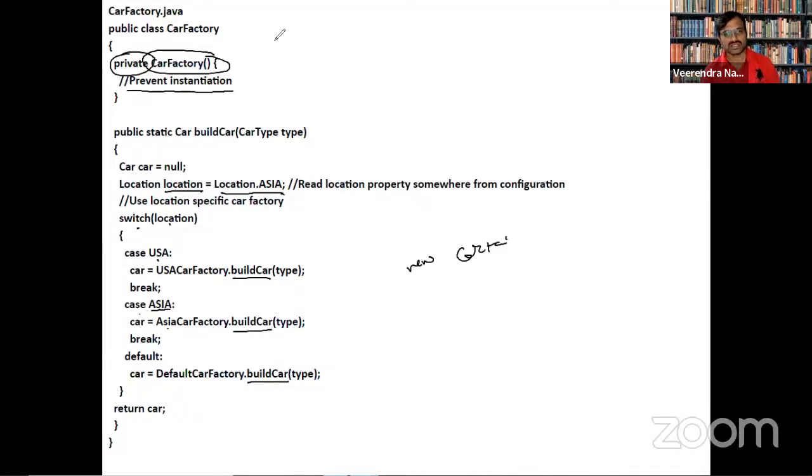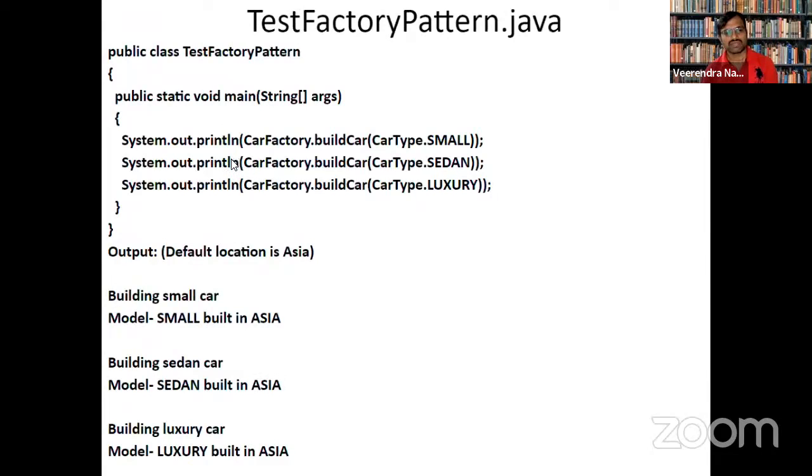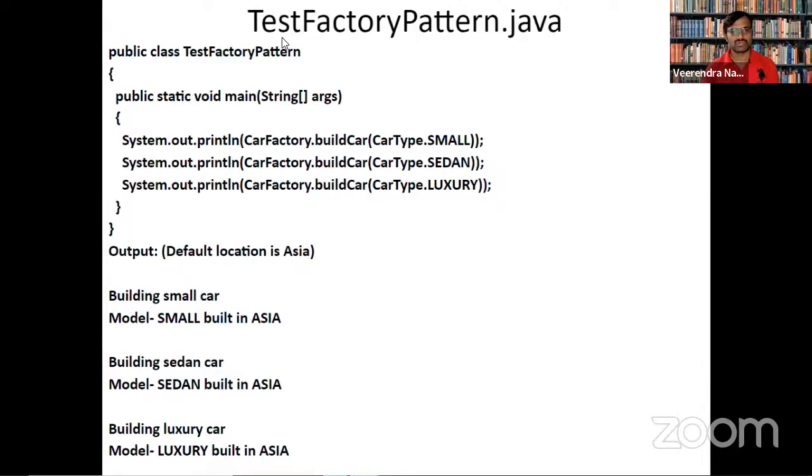So what are these literally? These are the implementations of the car factory. This is how we can go further, so we can go for the build car. Again in the same way, whenever you call this, we are going to go for the text factory pattern.